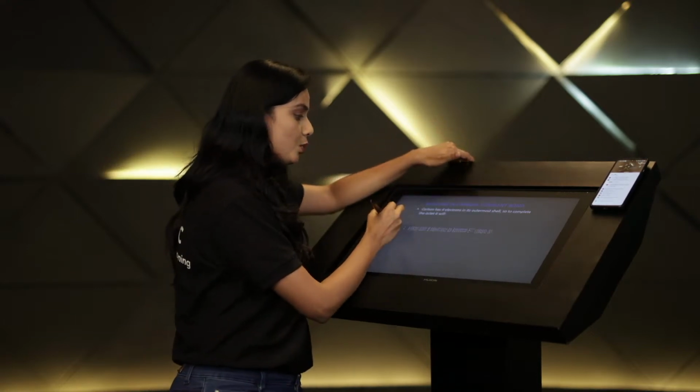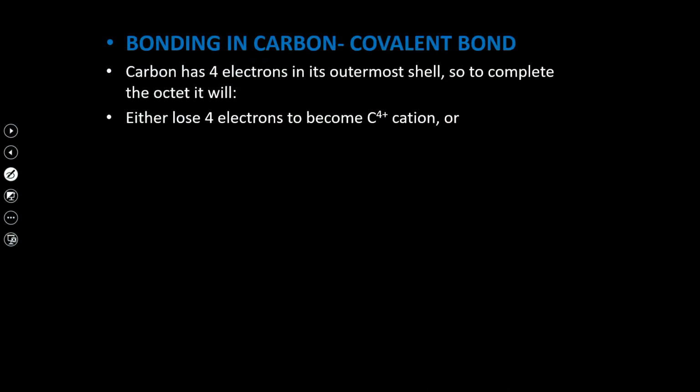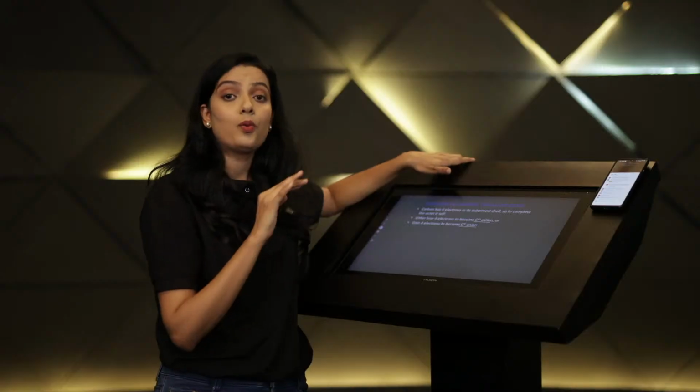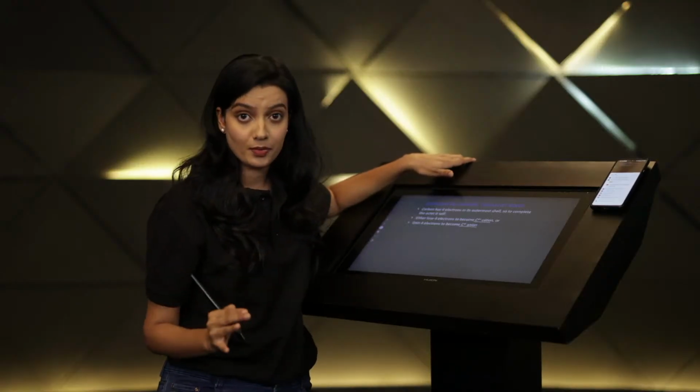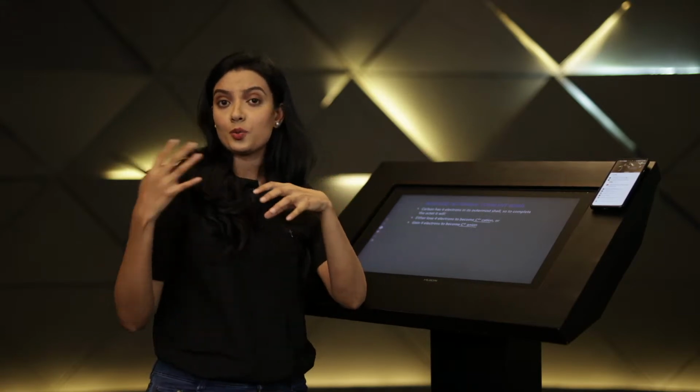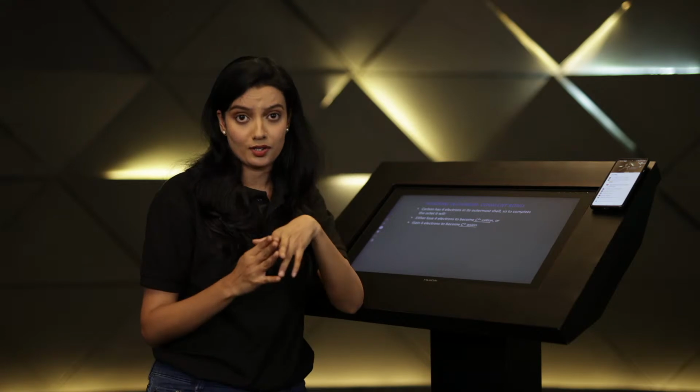Either it will lose 4 electrons and become a C4 plus cation, or it can gain 4 electrons to become a C4 minus anion. But both conditions are not possible, as a huge amount of energy is required to gain or lose the electrons.